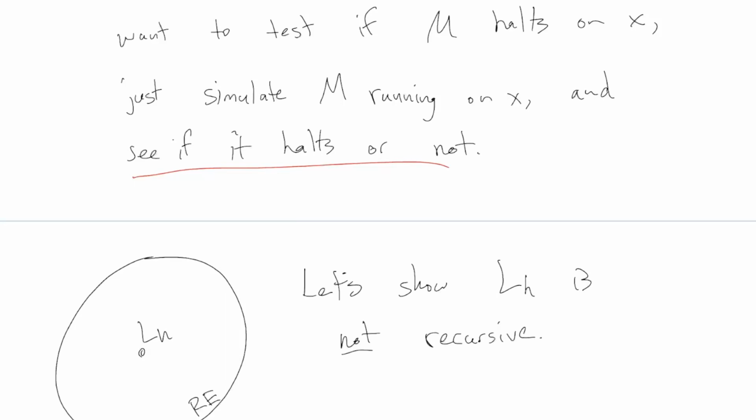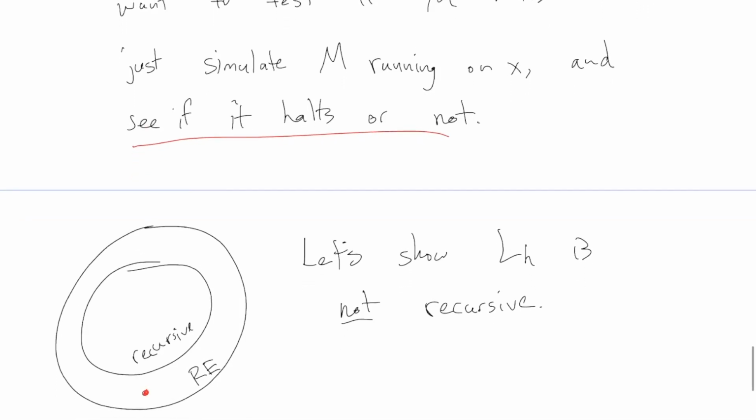That would put it in the appropriate spot. What I'm trying to show is that this is an example of a language which is in between, outside of the recursive category, but inside of the RE category.